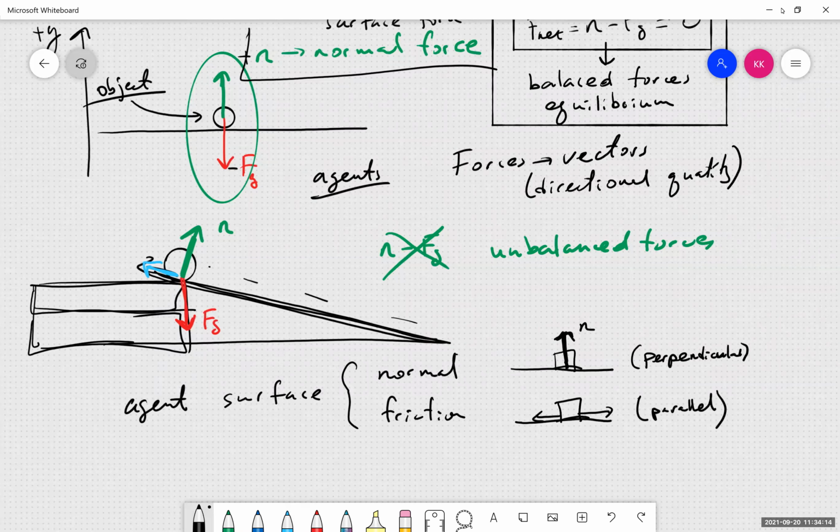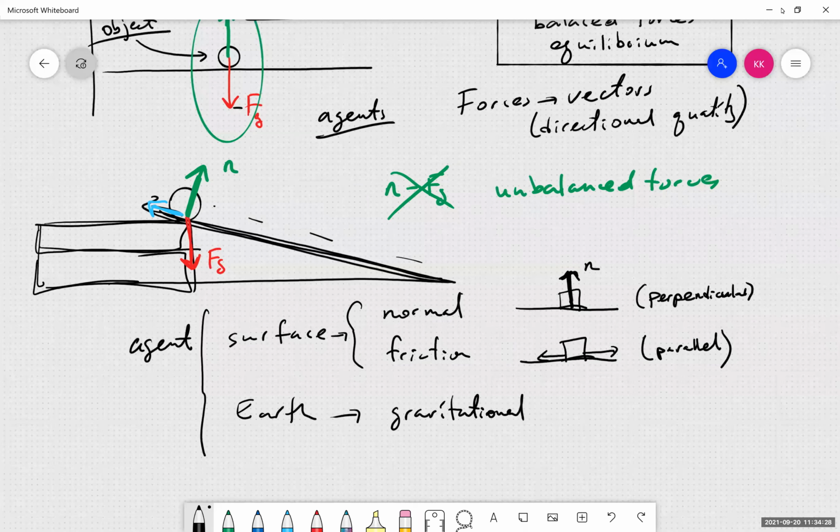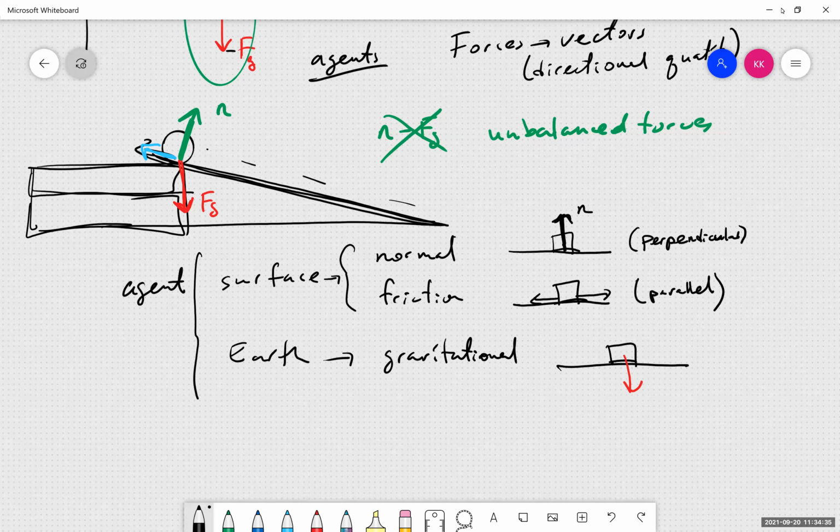There's also, let's say, if the agent is Earth, then what you get here is gravitational force, and the gravitational force is always acting straight down toward Earth. Okay. You can also have, for example, the agent be some kind of rope or a string.